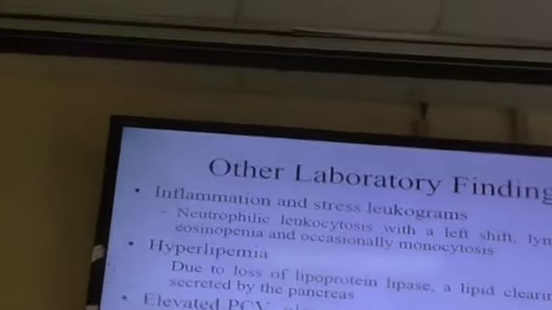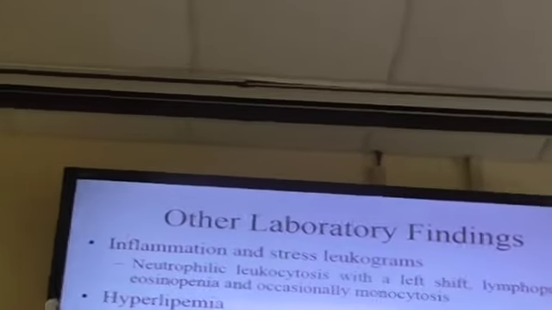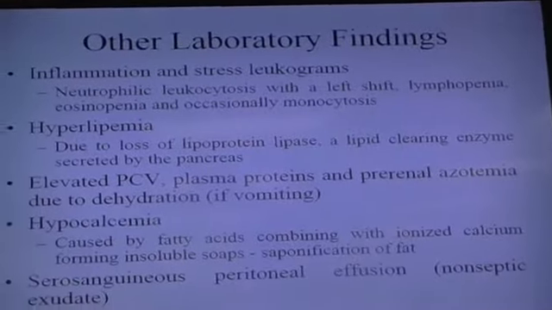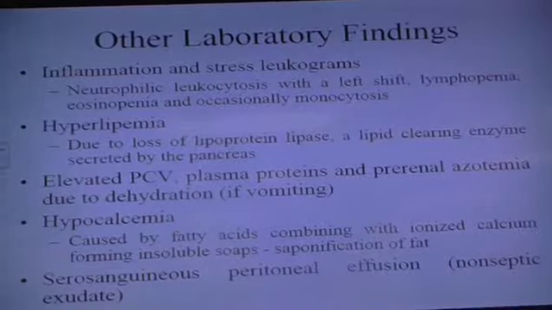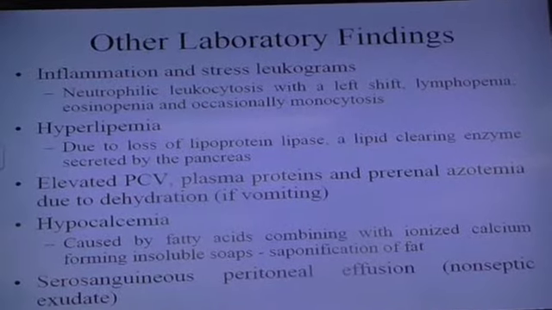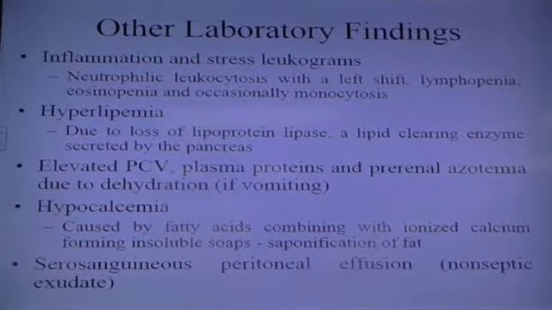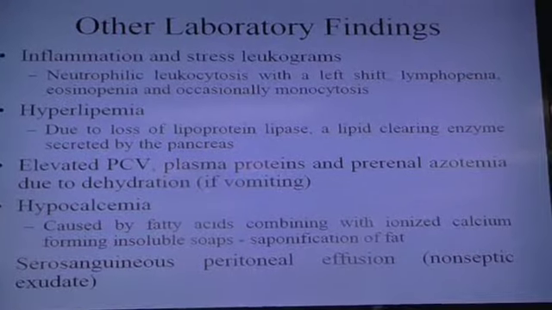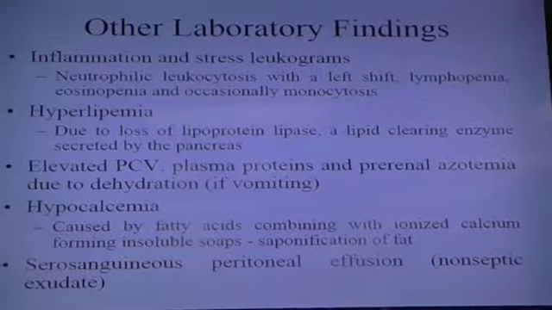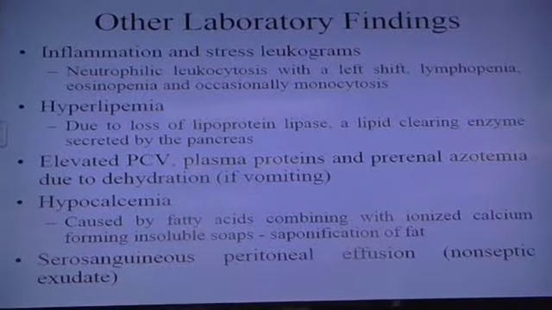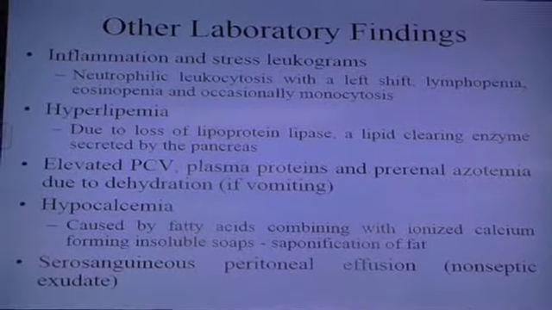What do free radicals like to do? Destroy tissue. Okay, and so how does the body counteract that? Soaps. Using what? From where? From the blood. So what happens to blood calcium levels when you have acute pancreatitis?